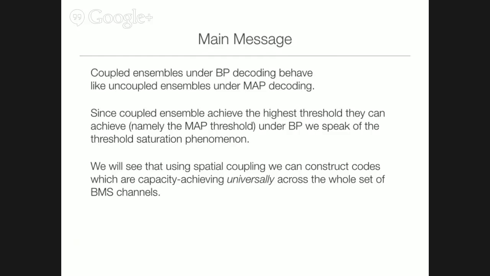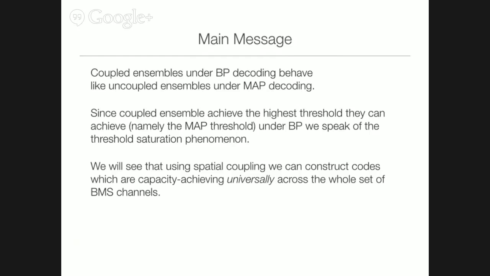If you take this code, spatially couple it and again run BP, then its BP threshold will now be the MAP threshold of the underlying code. Slightly sloppily speaking, that's the main behavior, because we basically get the highest possible BP threshold we can have, namely the MAP threshold. We talk about threshold saturation.